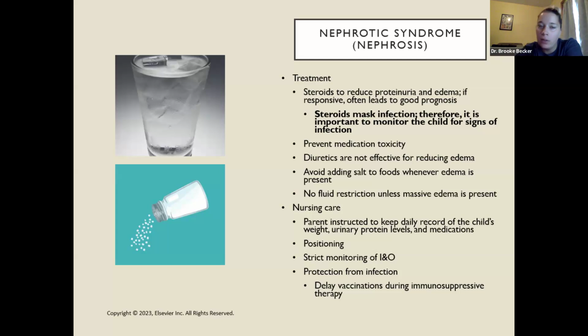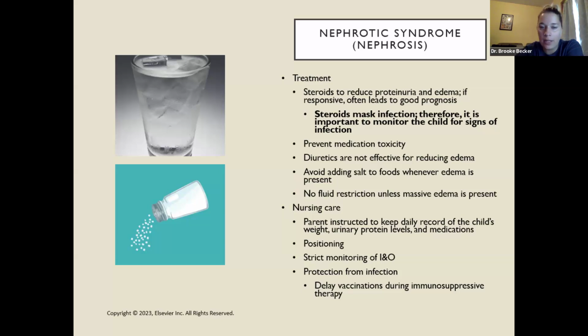Adding salt is one of the key things that you're going to tell parents if they're having edema. You're going to be adding salt to foods. Okay. Extra strict I&O, and you're going to be positioning them to try to help lessen that edema.